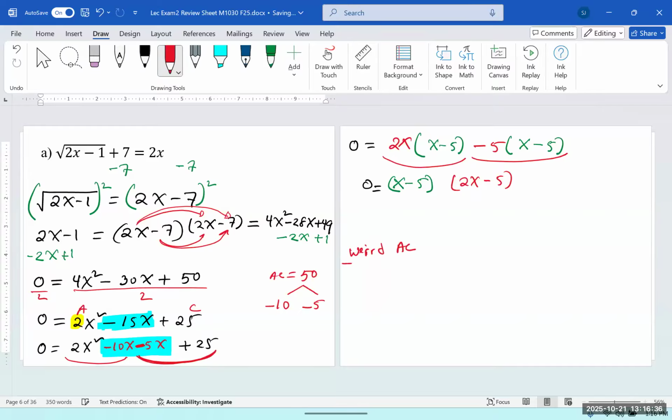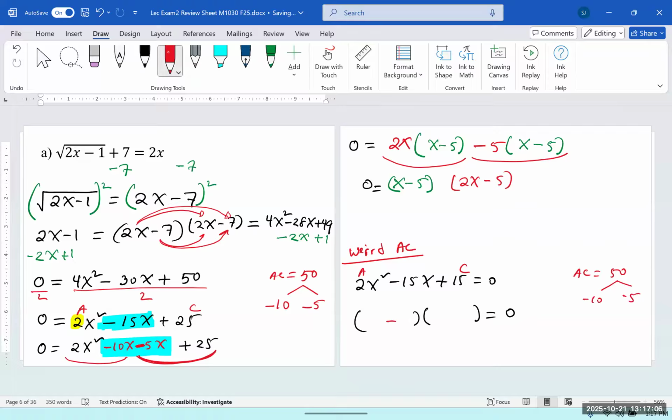Weird AC. So we have 2x squared minus 15x plus 15 equals 0. We are going to do the factoring directly, but still you have to use AC. Our AC is 50, and we found the two factors are -10 and -5, right?